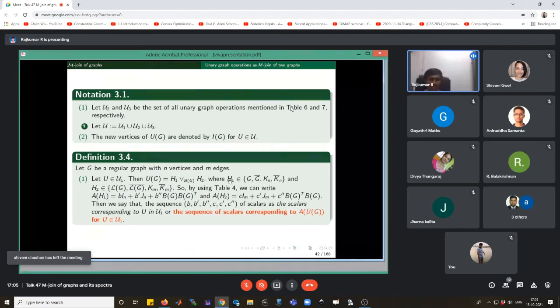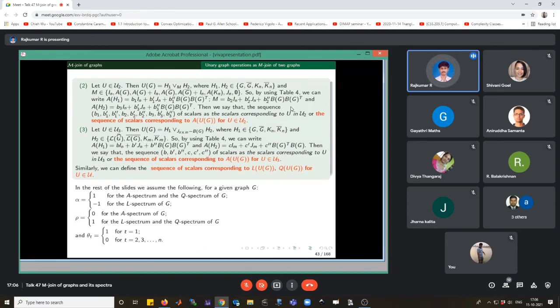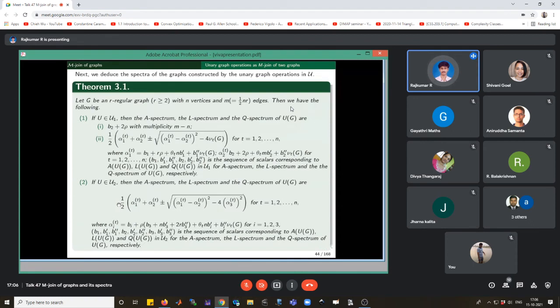Then using table 4, we can write A of H1 and A of H2 in this form, and we call the corresponding coefficients, the sequences, the scalars corresponding to U in U1, or the sequence of scalars corresponding to A of U of G for each U belonging to script U. Similarly for the other classes of operations. So these are some notations.